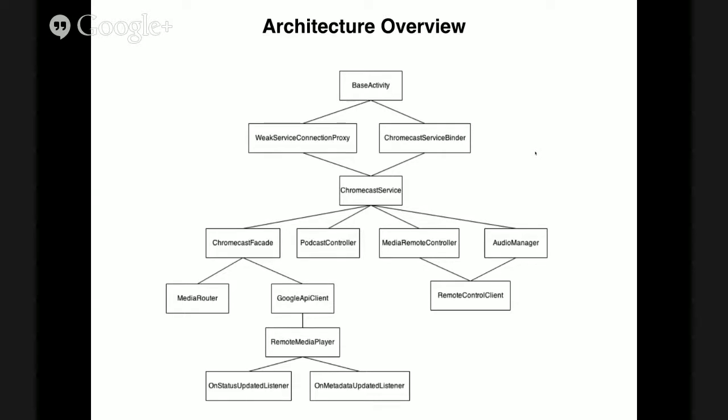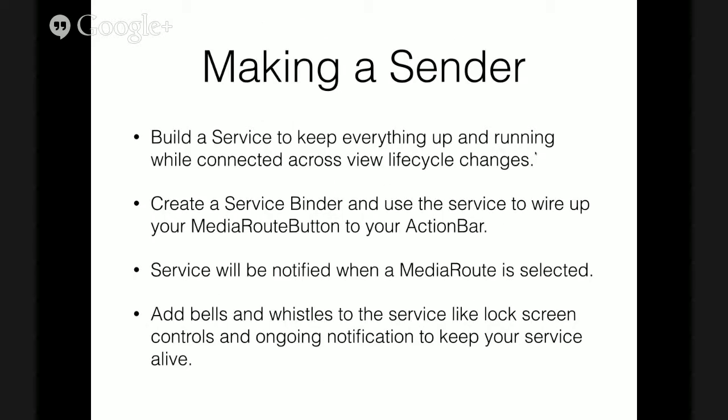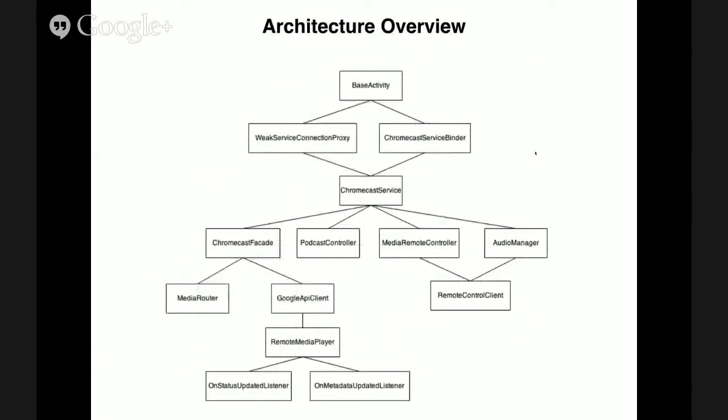On prepare options menu, it'll bind to the service when it starts up, and then make a call through to the service to wire up that special, what is it called? Media route button, and that's what you see in the action bar, and it changes colors and everything. That's just an action view. It comes for free with the APIs. You just have to wire it up on prepare options menu, and then it'll do its thing.